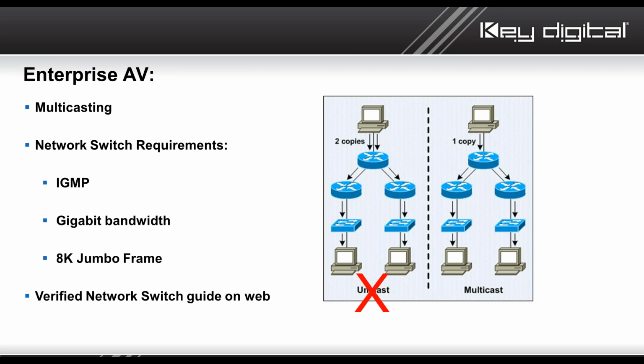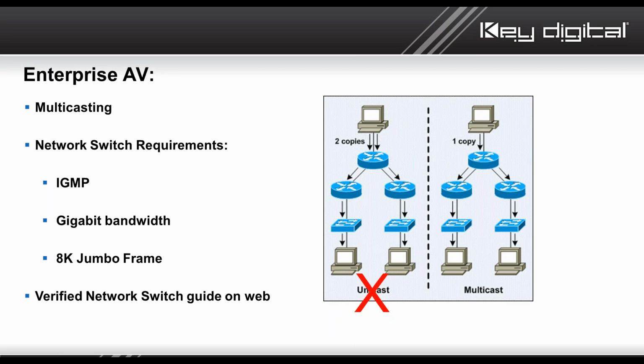So if we have two decoders viewing one encoder, there would be double the bandwidth. Three decoders viewing the same encoder, it would be triple the bandwidth. Three copies of that video content on your network. Very quickly, that could become quite heavy.